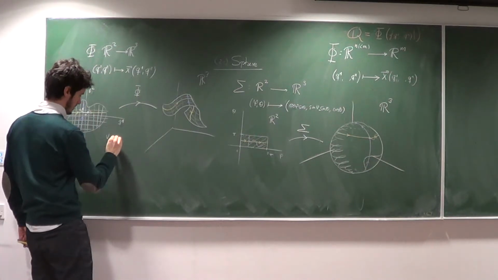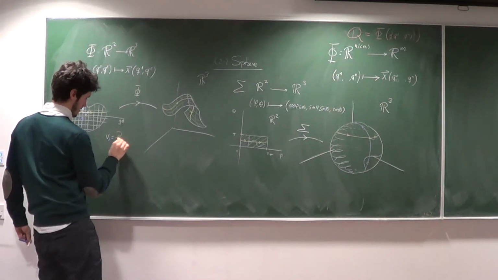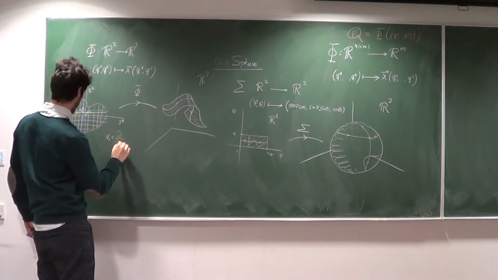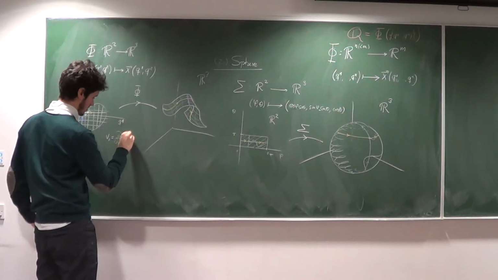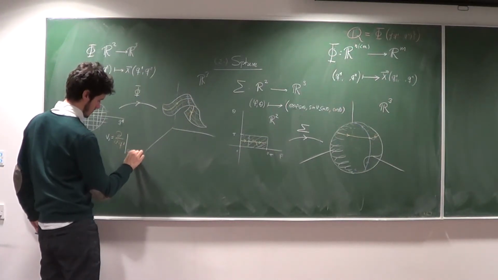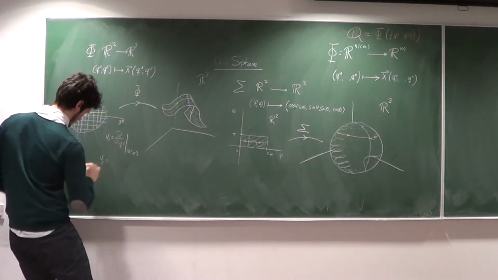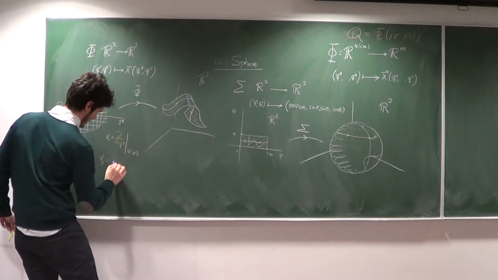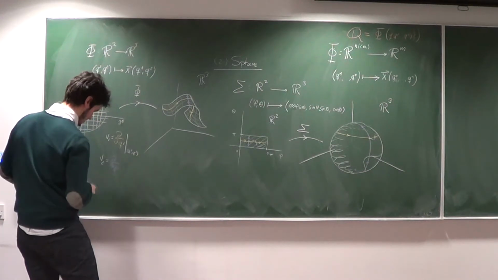So v1 equals this thing when we consider the point q1, q2, and then v2 equals this thing when we consider the point q1, q2.